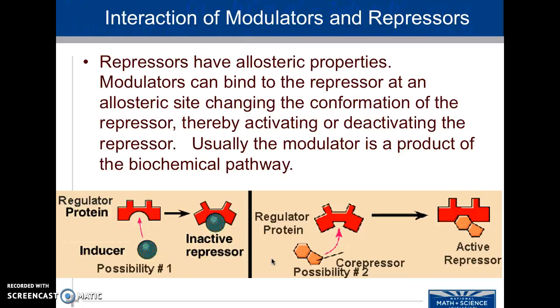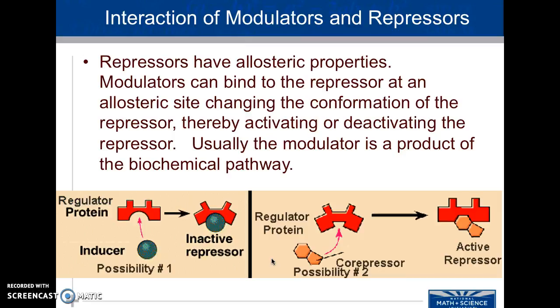Repressors have something called allosteric properties, and this is an important concept. These modulators, or little proteins, can bind to a repressor at an allosteric site, changing the conformation of the repressor, therefore activating or deactivating the repressor. If we look, the repressor is the little red protein, and that's what's made by that regulator gene. It will bind with the operator.